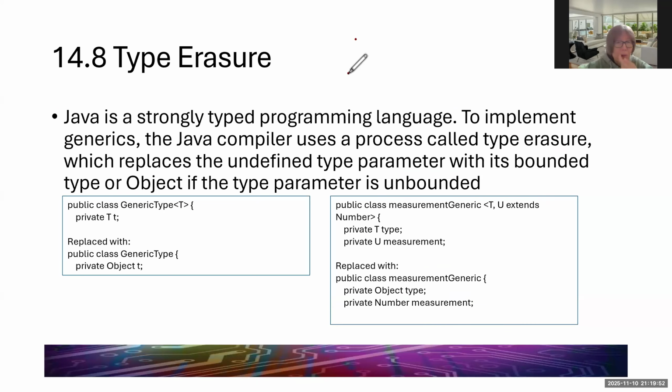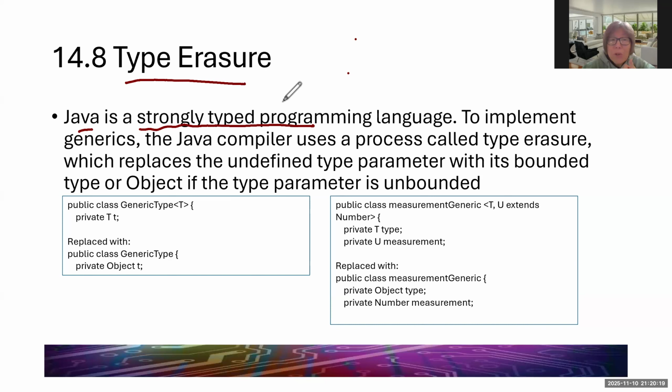Okay, another term or concept in this chapter is called type erasure. So what is that? In Java, we know it's a strongly typed programming language. So that means any object or variable needs to have some type.